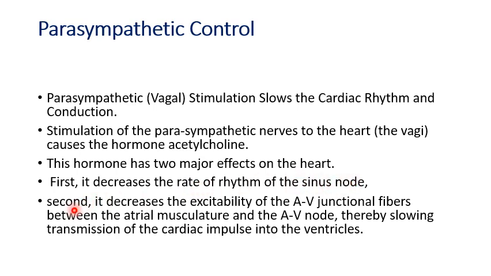The second effect is that it decreases the excitability of the AV junctional fibers, as we know in the AV node and the AV bundle. That slows the transmission between the atrium and the ventricles, so the cardiac impulse reaching the ventricles will be transmitted in a slower pattern.